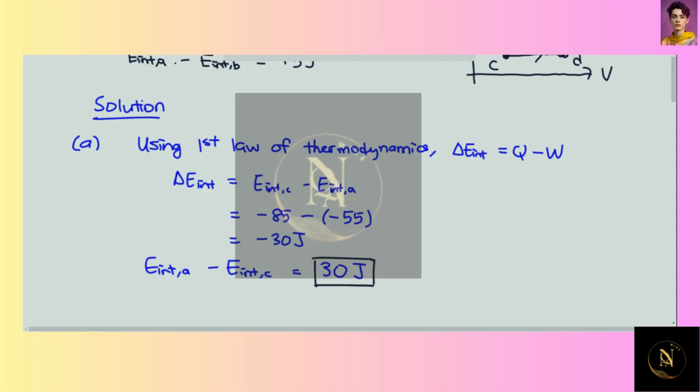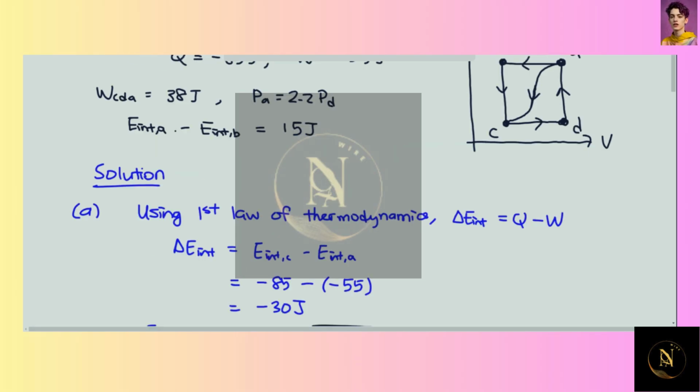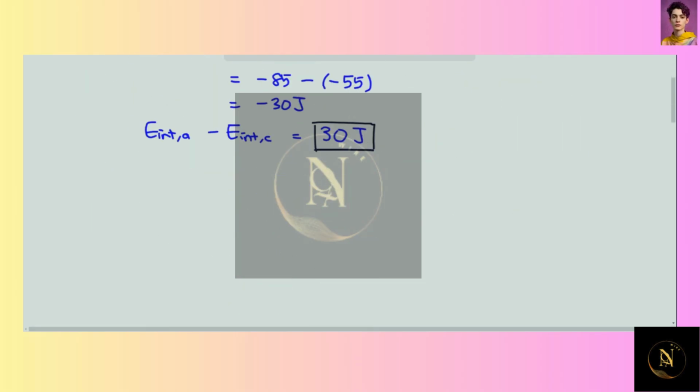Then in part B, we want to find the Q in the process CDA, QCDA.